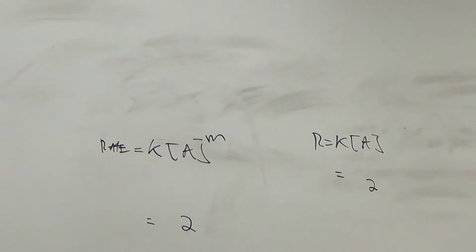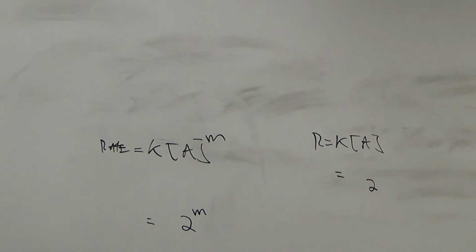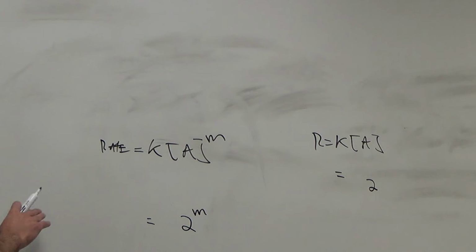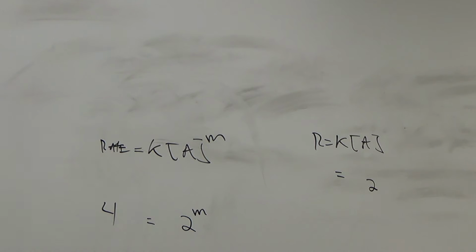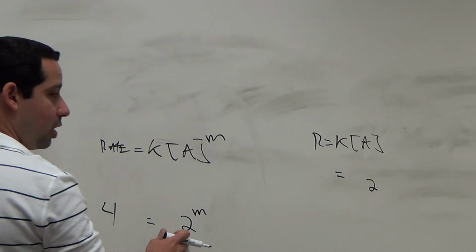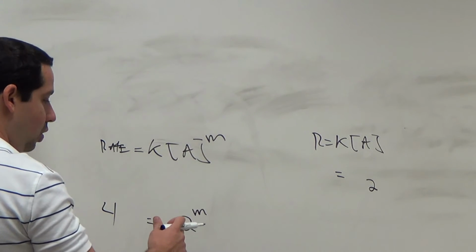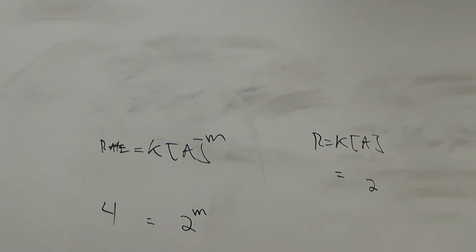What has the exponent, the concentration or the rate? The concentration has the exponent, and I don't know what it is. But I double the concentration, and then I look at what happens to the rate. Let's say that the rate increases by a factor of 4. What is the exponent? 2. So if you double the concentration to know what you are raising this to, and it increases by a factor of 4, then this exponent will be 2.